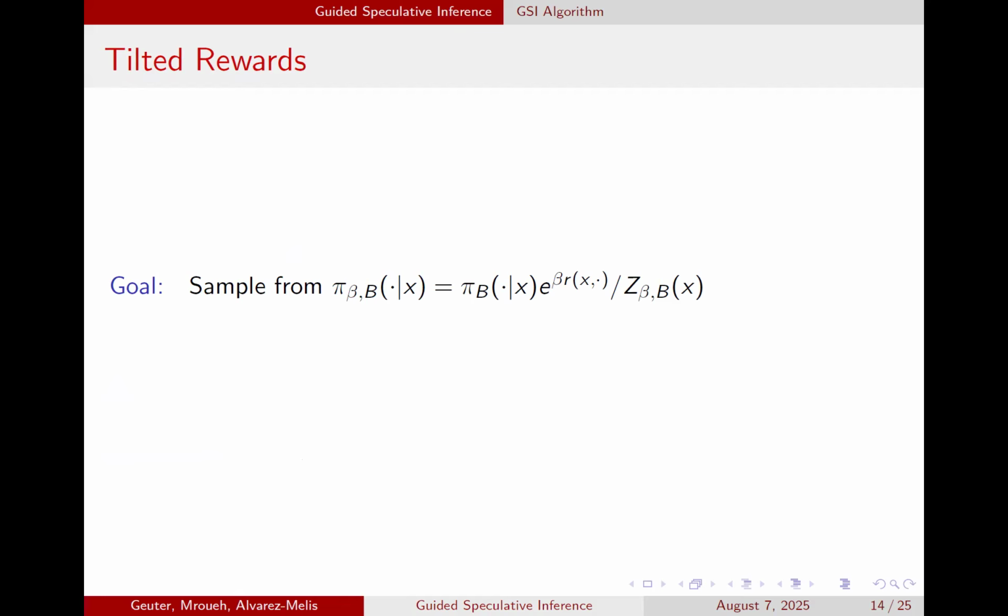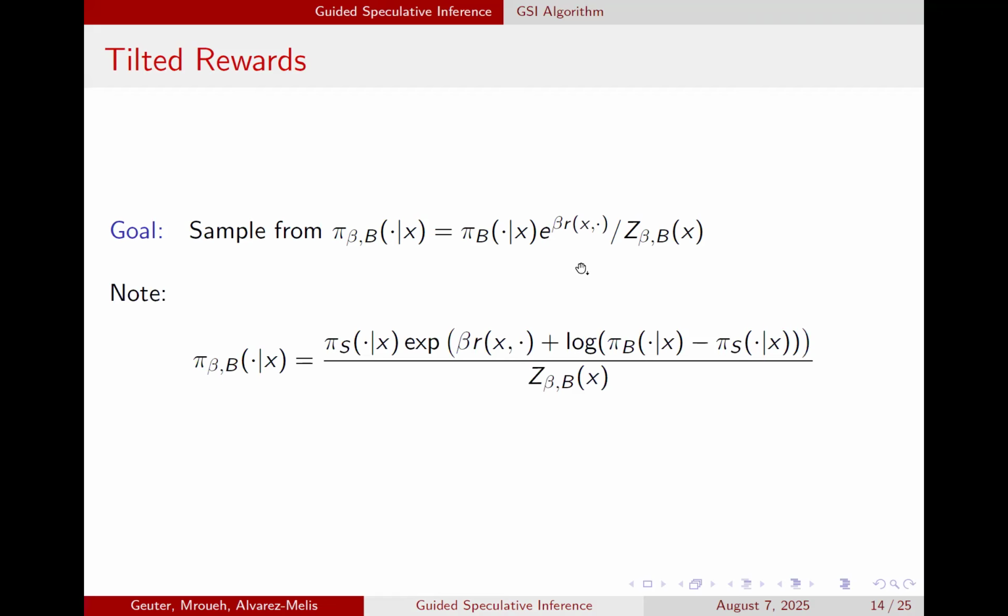So again, to recap, what we want in the end is to sample ideally from this tilted distribution, pi_beta_b, which, like we said, is intractable and expensive to even just sample from pi_b. Now we can see that this tilted distribution, pi_b tilted by the exponential over this normalizing constant, we can rewrite as a distribution over pi_s instead, where the exponential now contains not only beta times the reward, but also the log ratio of pi_b minus pi_s.